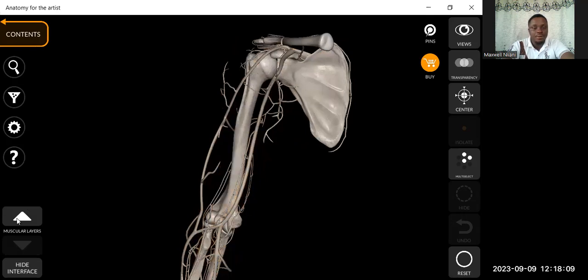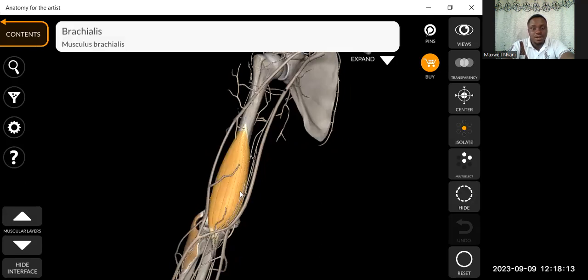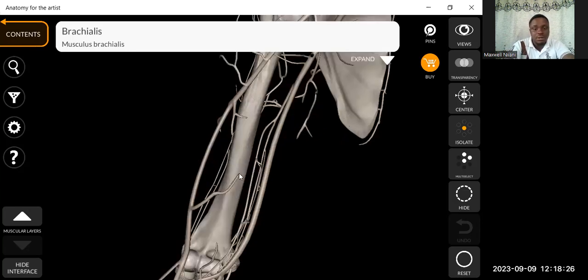Now, you can see this muscle right here. This is called your brachialis muscle. It is found on the lower half of the humerus, the anterolateral and anteromedial surface.